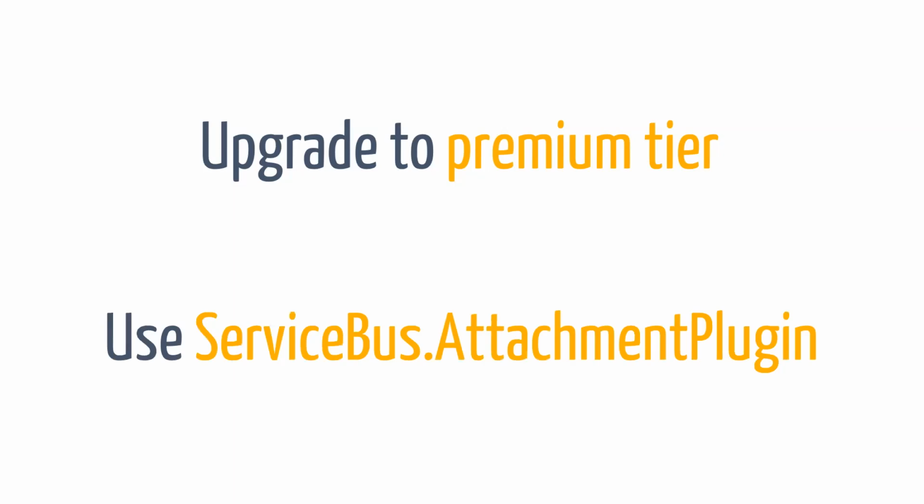And then what you can do is, if you want to send more messages, like I said, you have to upgrade to the premium tier because that allows you to store more than 256 KB. Or you can use the Service Bus attachment plugin.